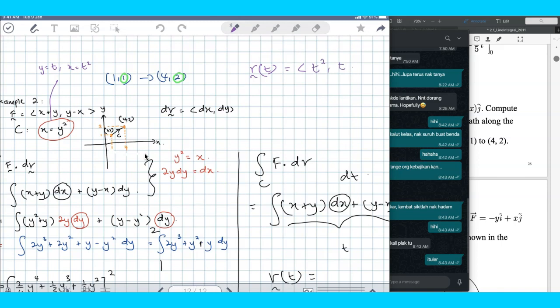So when you have the dr, you have to differentiate: t squared becomes 2t, and t is 1, you have to put dt at the back.